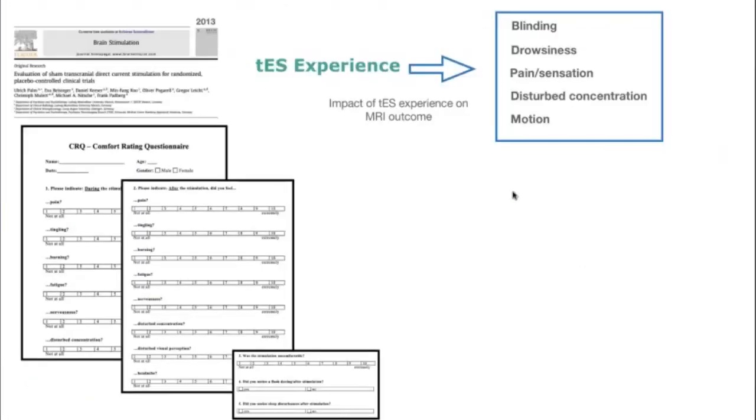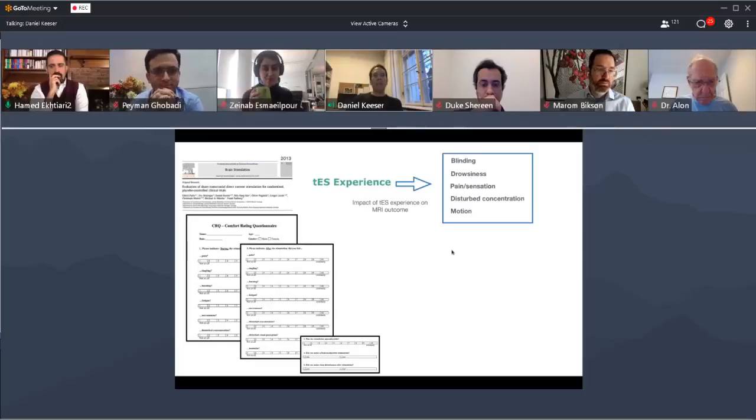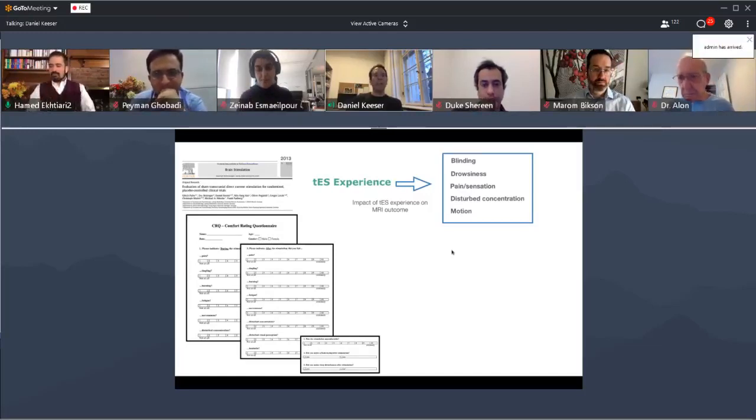Next. So we have published in 2013 the CRQ, the Comfort Rating Questionnaire. It's based on a previous study by Nitsche and Walter Paulus, and Ulrich Peimann this time back has adjusted the questionnaire a little bit, and we used it for all our MRI experiments, and there are questionnaires retrospectively captured during the stimulation and after the stimulation.